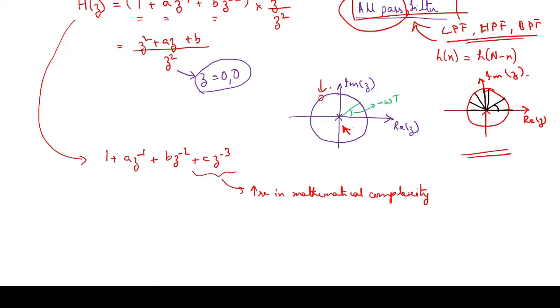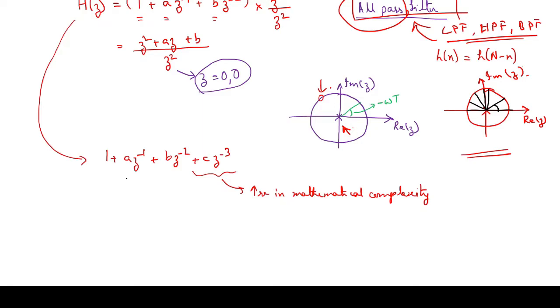This change in the phase is a linear process, so all the frequency components will be affected in a similar way, and hence there will be no distortion of the frequency components.